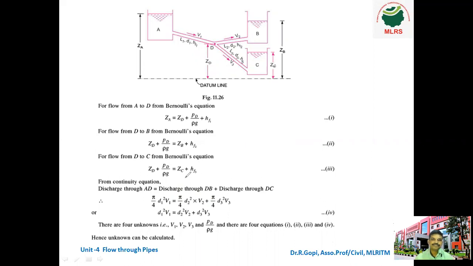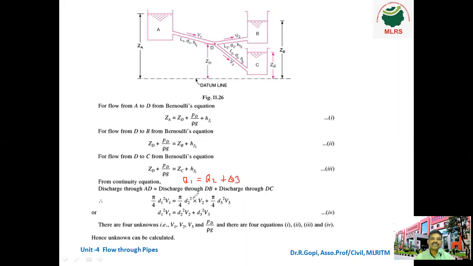That means Q1 is equal to Q2 plus Q3. Simple.